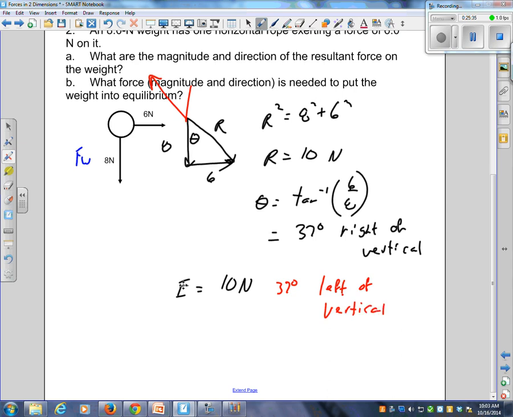What does E stand for? Equilibrium. Really, the hardest part of this question is figuring out how to describe the direction. If you've got a diagram here, then I'll try to make sure that you don't have issues trying to describe angles. That's quite often the biggest problem.